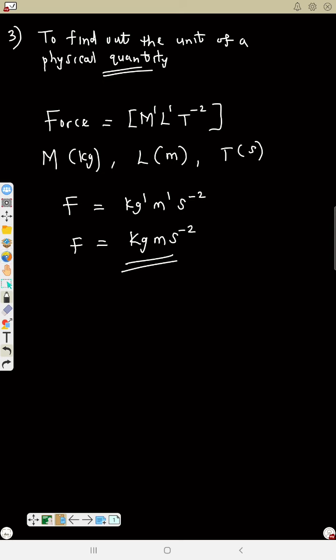So that means again in MKS, that is kilogram, meter and second, and also the CGS system.